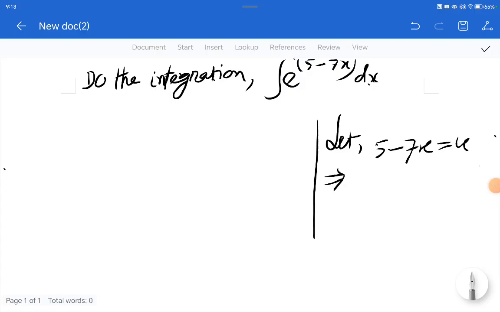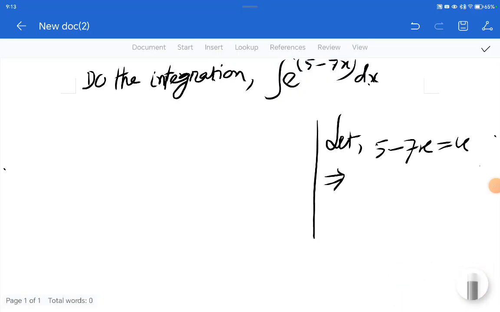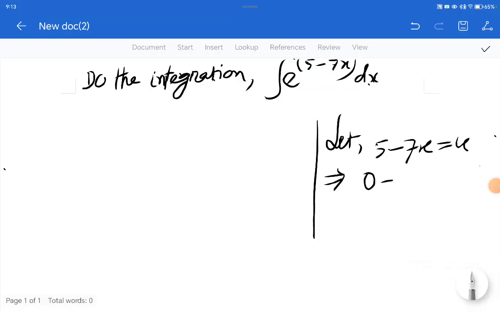After differentiation on both sides, we are getting 0 minus 7 dx equals du.